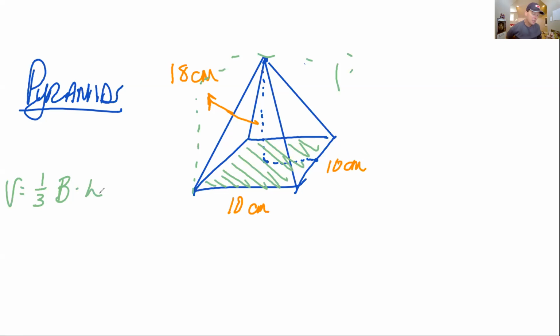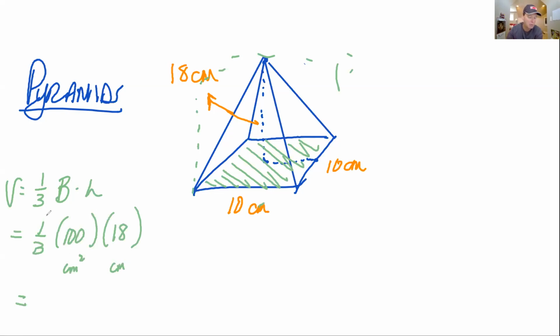So the actual calculation is not going to be that difficult. The base that I've got marked in green here is 10 by 10. That's going to be 100. And by the way, that is square centimeters. Then the height is going to be 18 centimeters. So when some of you look at that, you're like, oh, I don't know how to multiply that. But let me show you something kind of cool here.